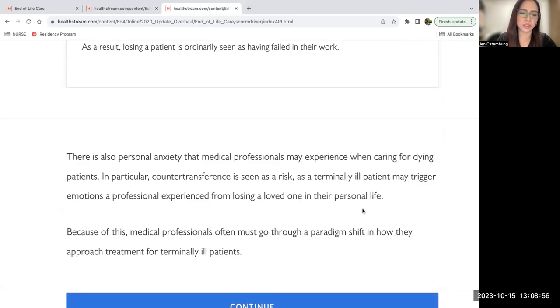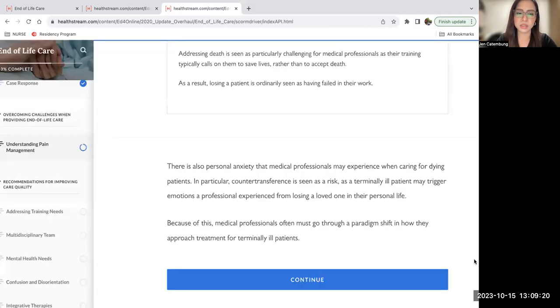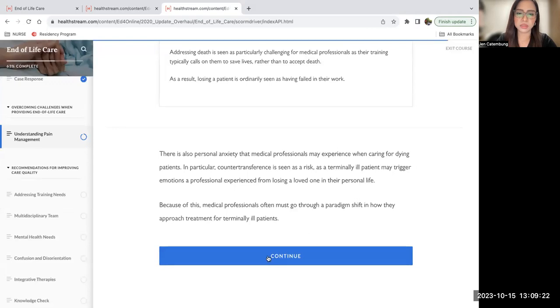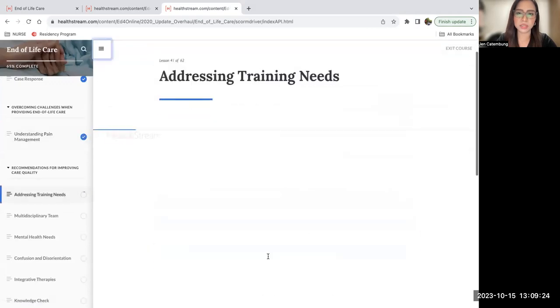There is also personal anxiety that medical professionals may experience when caring for dying patients. In particular, countertransference is seen as a risk, as a terminally ill patient may trigger emotions and professional experience from losing a loved one in their personal life. Because of this, medical professionals often must go through a paradigm shift in how they approach treatment for terminally ill patients.